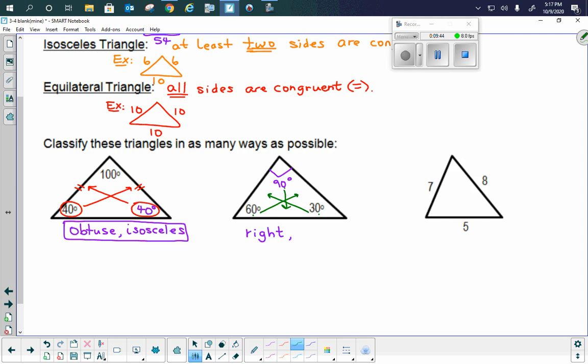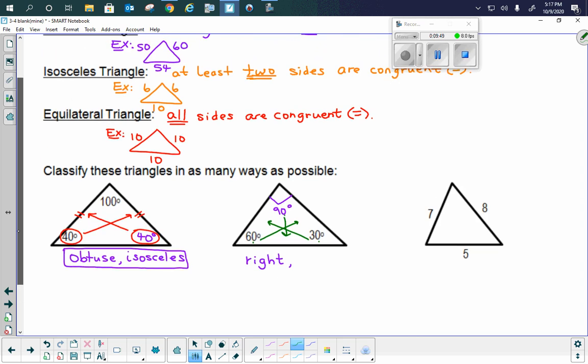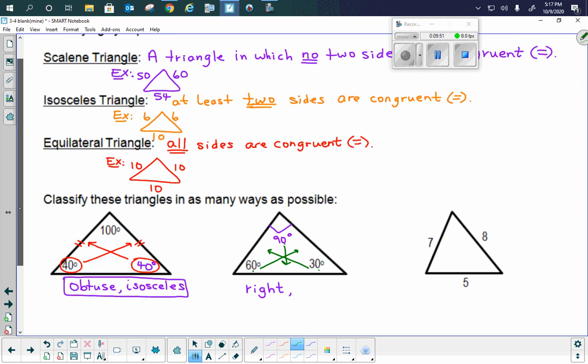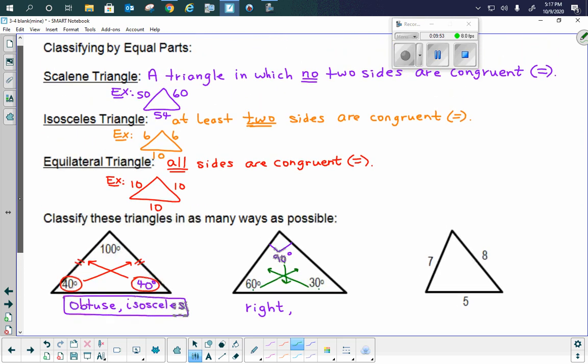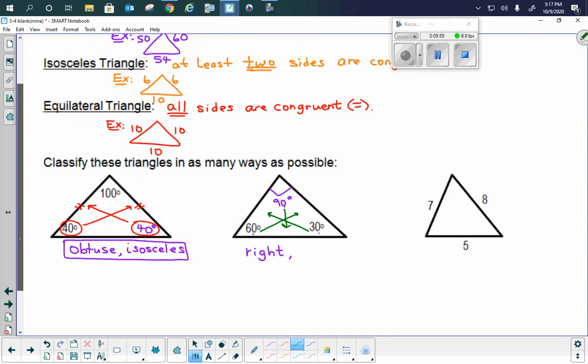You don't know what they are specifically, but you know they're all different. And that is exactly the definition of scalene. No two sides are congruent. Okay, so based on the side lengths, what you had to infer from the picture, this is also scalene.